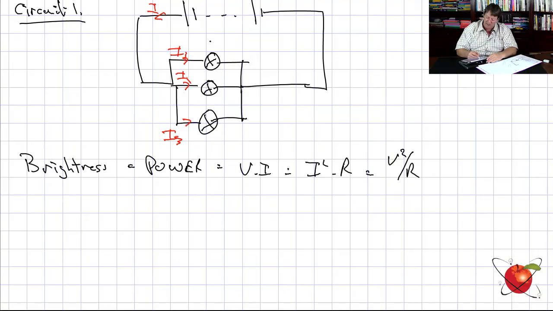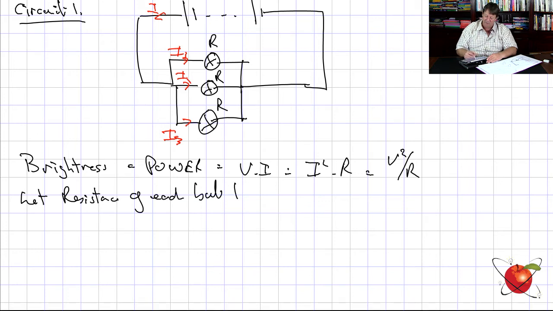The current is coming along, and it's going to split into 3. What ratio does it split into? Remember, they're identical bulbs, which means the resistance is the same. This is R, R, and R. So let the resistance of each bulb be equal to R ohms.